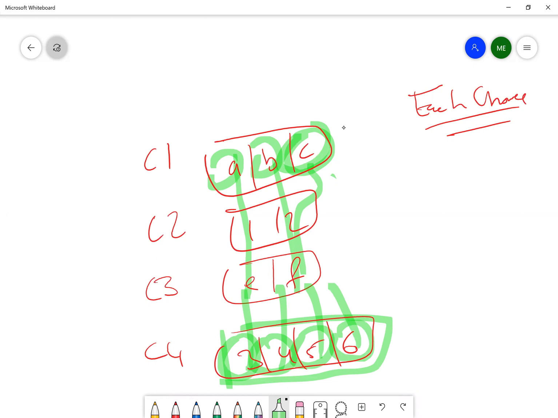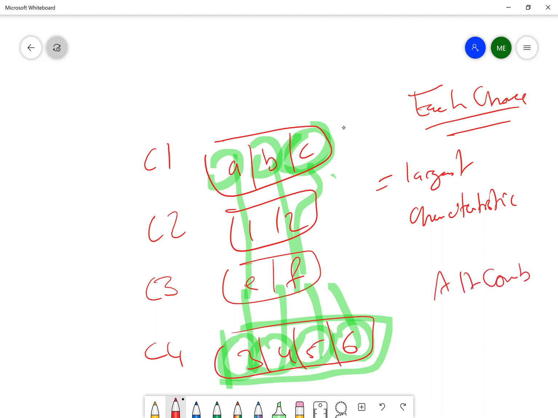I need to cover that. And with the smaller characteristics, I'm going to end up reselecting some of the blocks that I've selected before. So the number of test cases with each choice is equal to the largest characteristic, whereas with all combinations, the number of test cases equals all characteristics multiplied by each other.